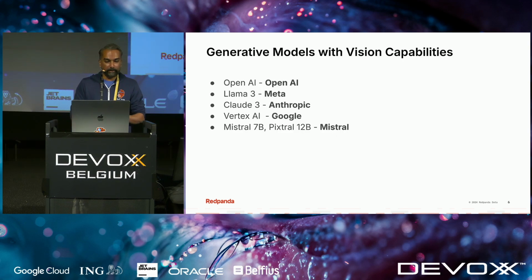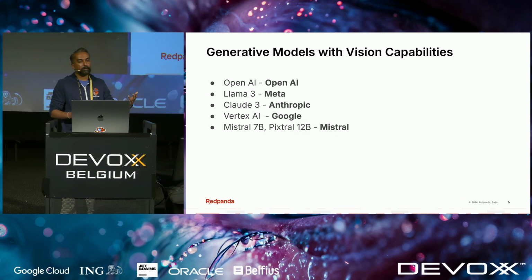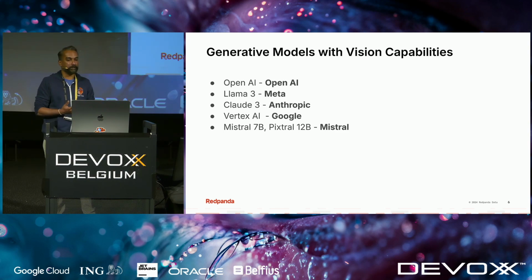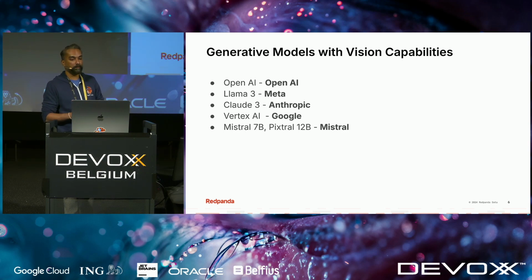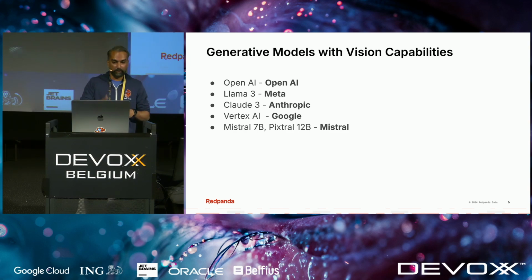If I go back here, almost all the LLM vendors and hosted platforms have now announced their support for vision AI capabilities. For example, OpenAI, we have the GPT-4o model. With Llama, Meta, we have Llama 3.2 that supports vision, and Claude 3, and the list goes on.